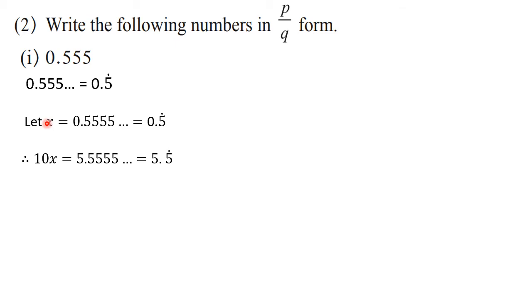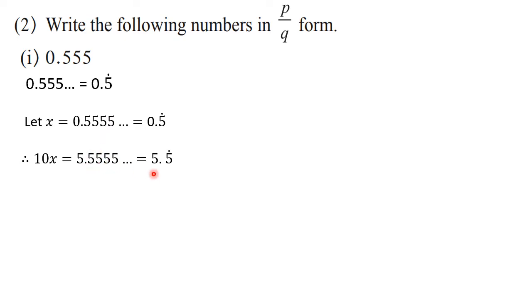So here 10 into x is 10x on LHS is equal to, here when we are multiplying by 10, you know that the decimal point is going to shift by 1 towards the right hand side. So 0.555 when we multiply by 10, we get 5.555 recurring.